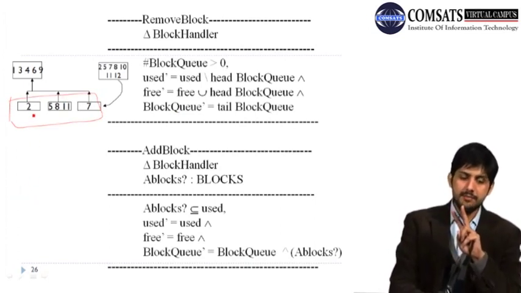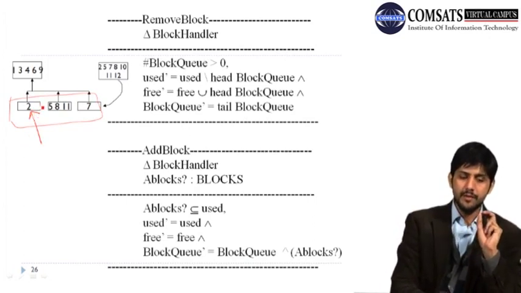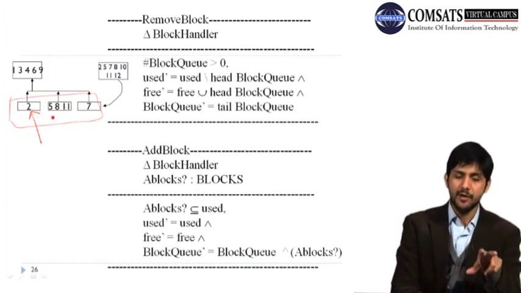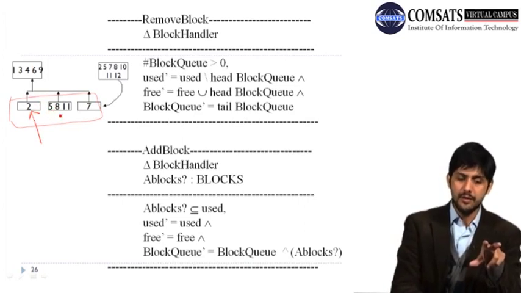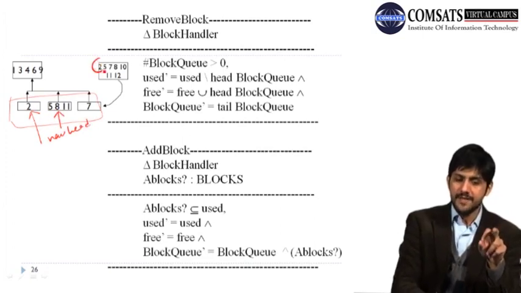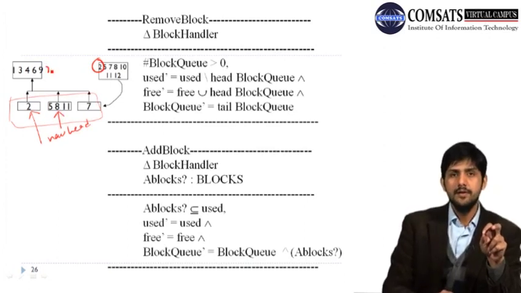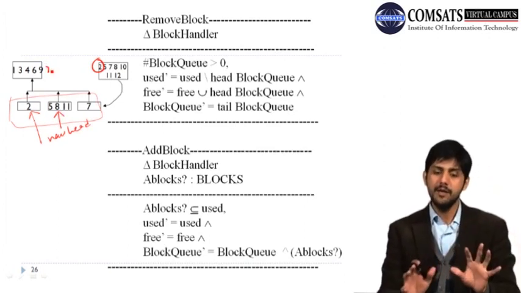When the block is removed, for example, we remove 2 from here, then our queue needs to be updated. The head of our queue will point to this, so it will be our new head. Similarly, this 2 would be deleted from this set as well, and it will be added to this set. So this would happen when I apply my remove operation.